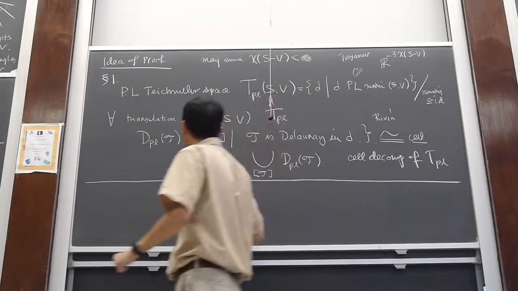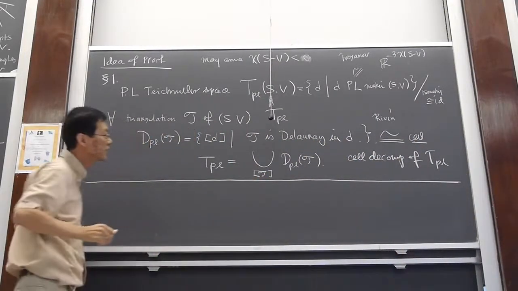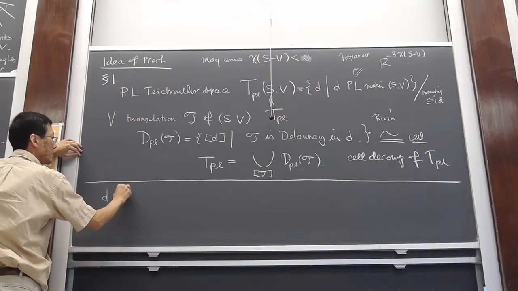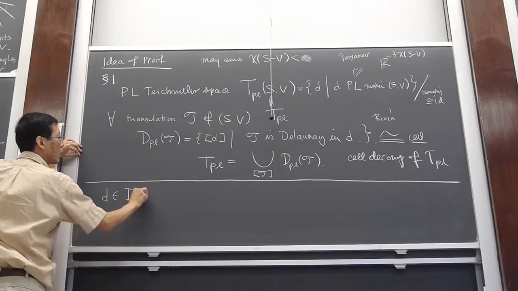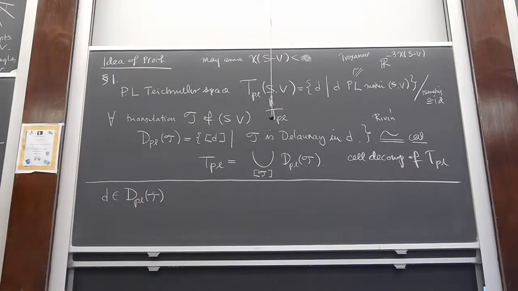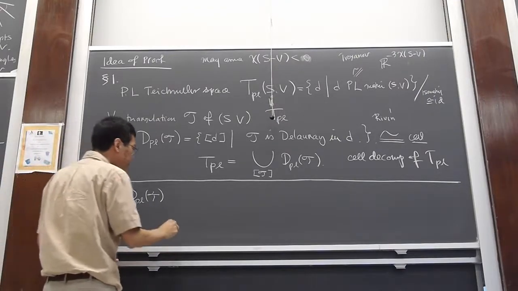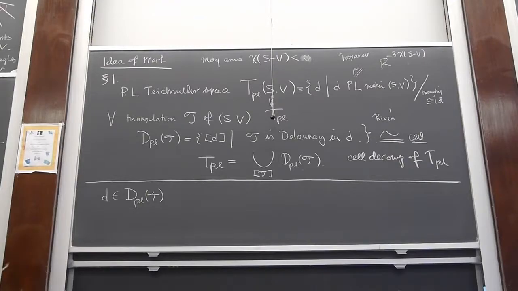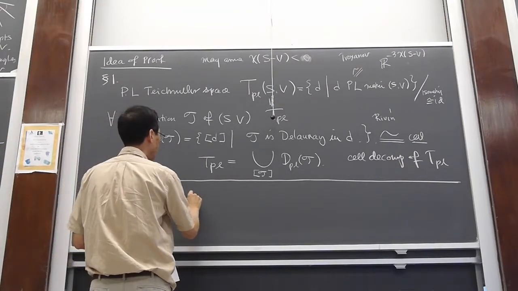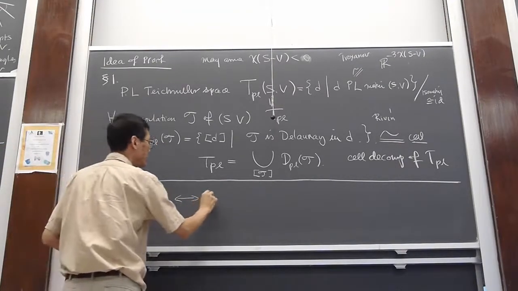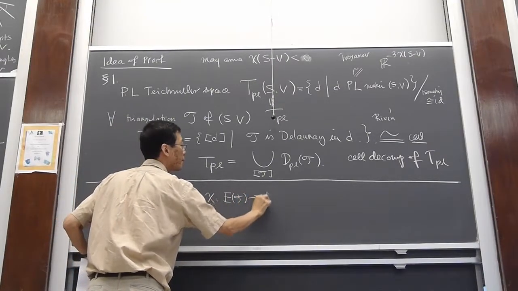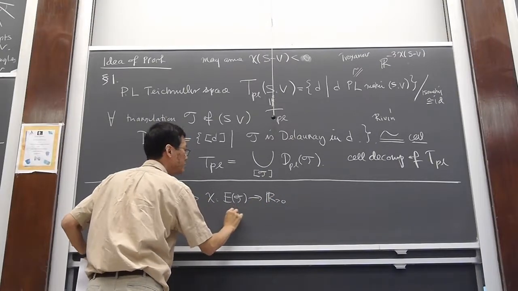And now here is something interesting that comes up. I'd like to characterize points in this Delaunay cell. So I take a PL metric in here, and from that we can measure the length of every edge. And so you can produce a map. This is the length function.